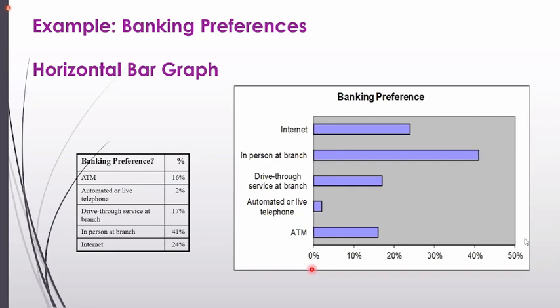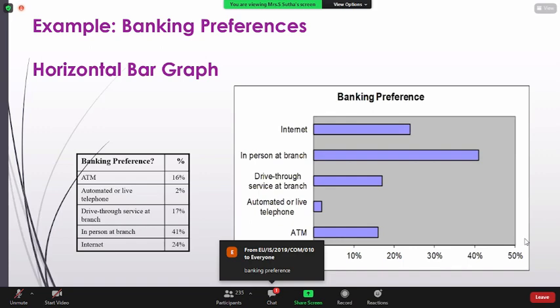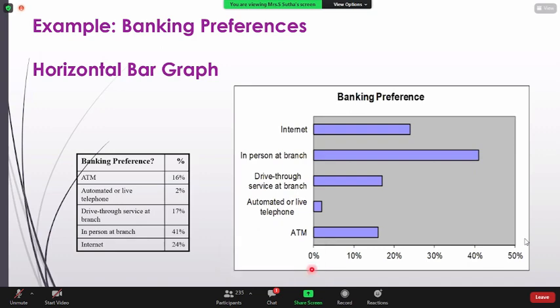Yes, it is banking method preferences, right? So, which banking method did most of the customers prefer? In-person at branch. Yes, in-person at branch is mostly preferred. The less preferred banking method? Yes, automated or live telephone.